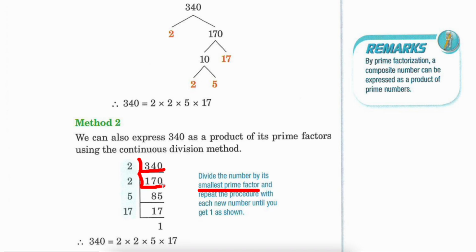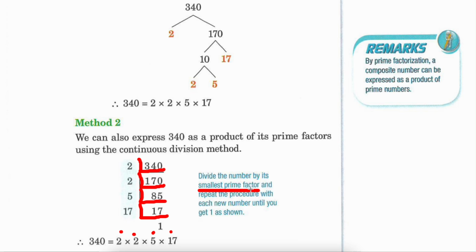You would take that again and divide by the smallest prime factor to then get 85. 85 would then divide by 5 to get to 17, and then you would notice that you can't divide anymore. Again, it's a little more difficult. You would really have to know what your prime numbers are. It seems like it would take a lot of time actually, because you're just doing division over and over and over again, but it does get you to the same answer. So if you prefer that, you can definitely try that method as well.